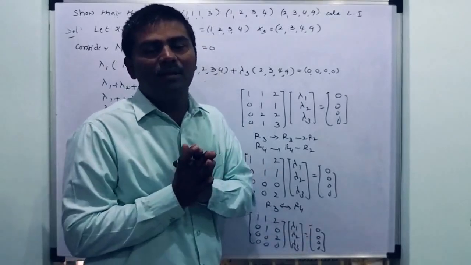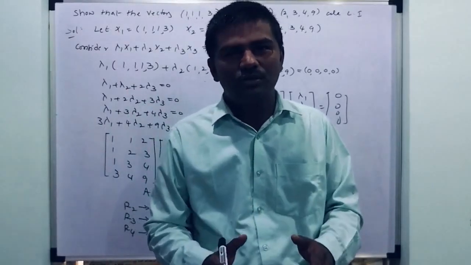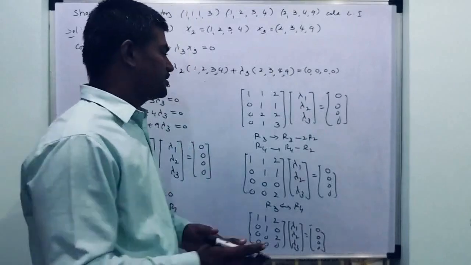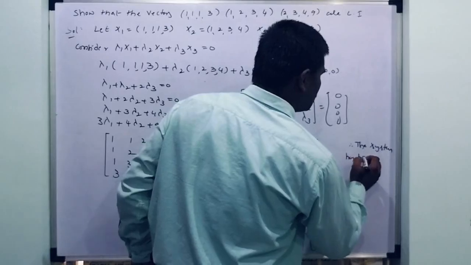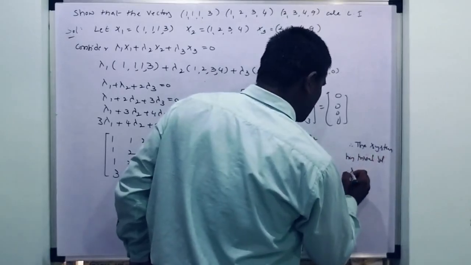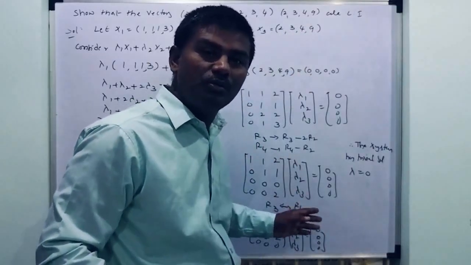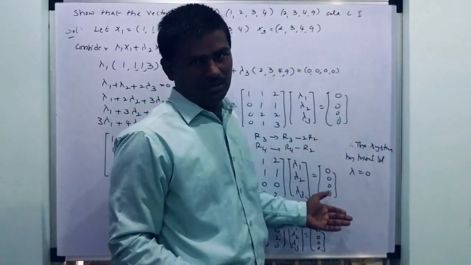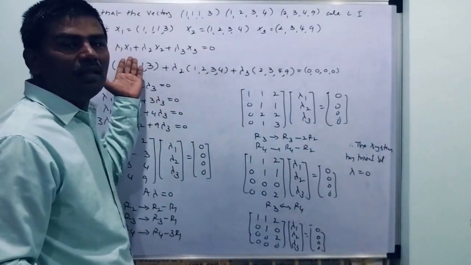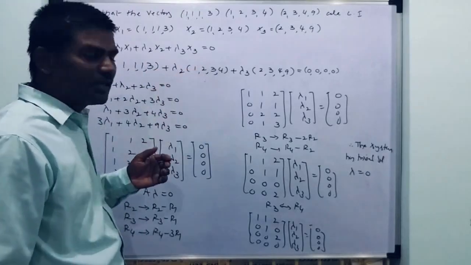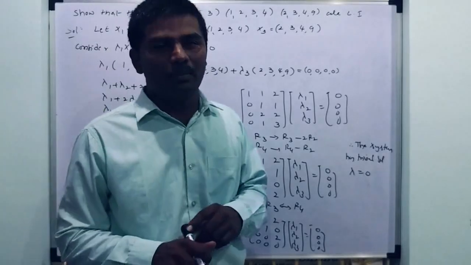When the rank and the number of unknowns are equal in a homogeneous system, the system has only the trivial solution. That means lambda 1 equal to 0, lambda 2 equal to 0, lambda 3 is also 0. That means in the linear combination, if all the scalars are 0, then you can say that the vectors x1, x2, x3 are linearly independent.